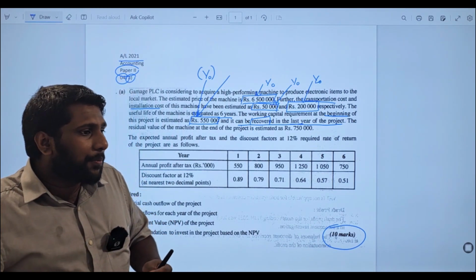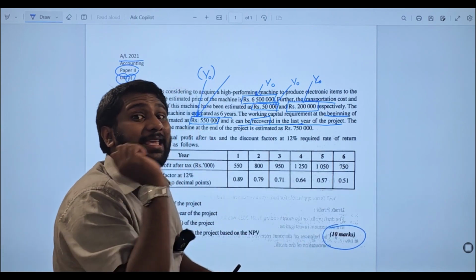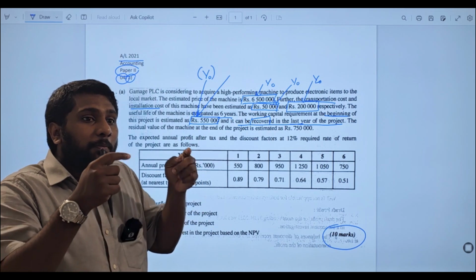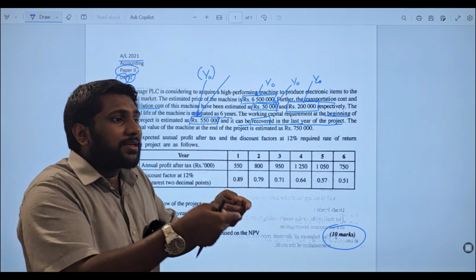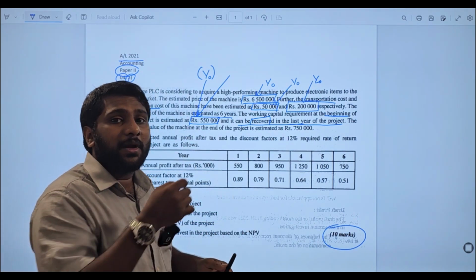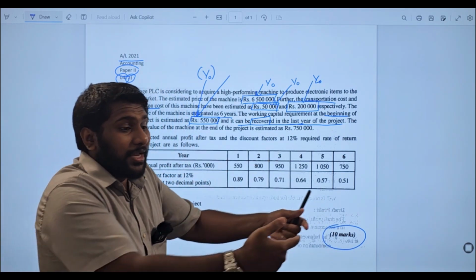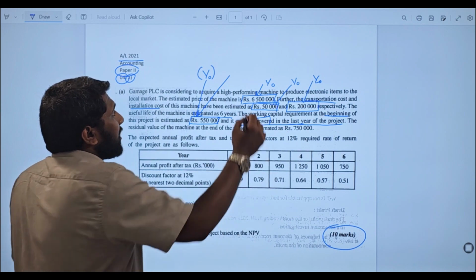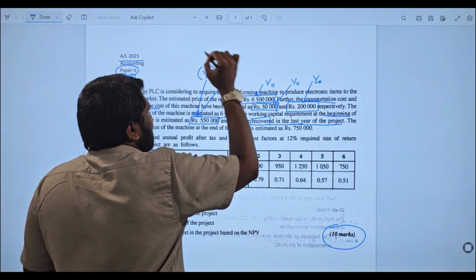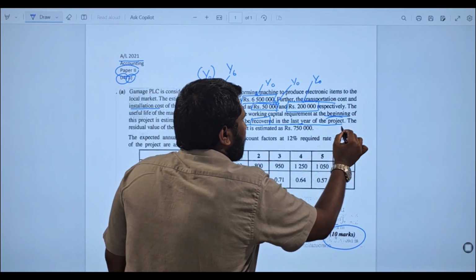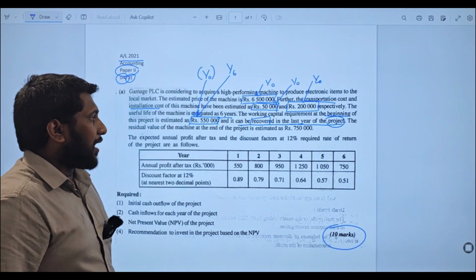So for working capital purposes, my cash is going to go out: 550,000. But what they are telling is that once the project is over, whatever money I gave for working capital, I can get it back. So it's going to be a cash inflow to me in year number 6, because at the end of the project I can get this money back.